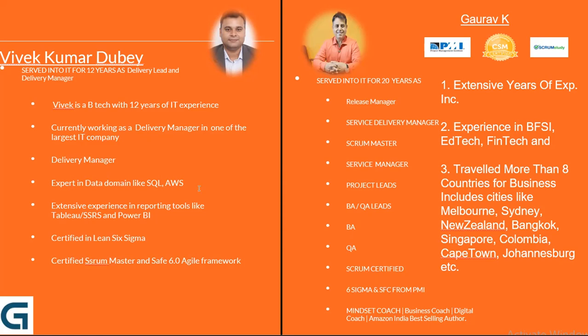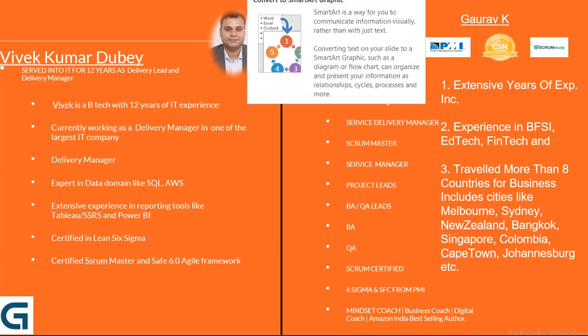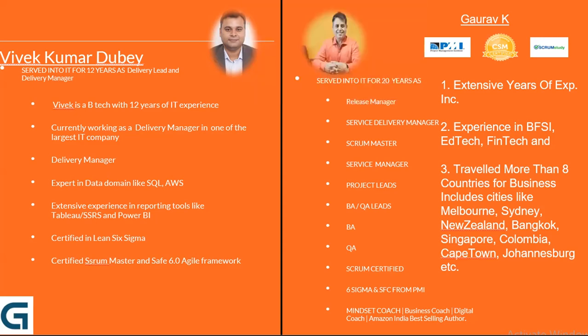I have written 2 books, already published by Amazon India, and one of them is a best-selling book on Amazon India. So this is a quick intro from my end. Additionally, I have so far trained more than 8,000 individuals, and out of those, 200 participants are still with me, learning mindset coaching, business coaching, and digital coaching.